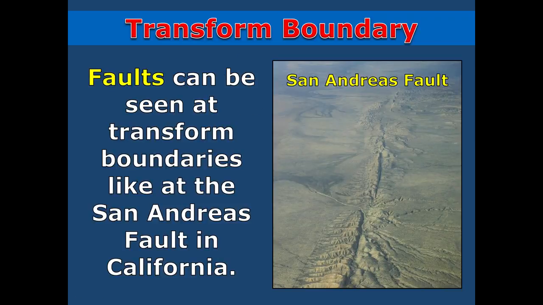But faults can be seen from above. If you're in a helicopter, you can look down and see the San Andreas fault line, which has been the reason for a lot of high magnitude earthquakes.